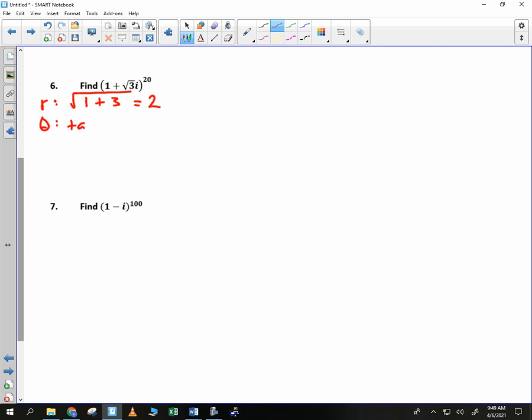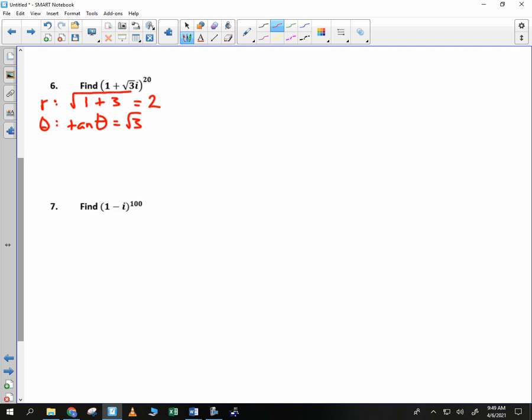Tangent of theta is? b over a. What's b over a? Root of 3. Which quadrant is that in? First quadrant. Anybody remember if you inverse tangent root of 3, what you get? 60. Anybody see that? Nobody knows the reference? 60.